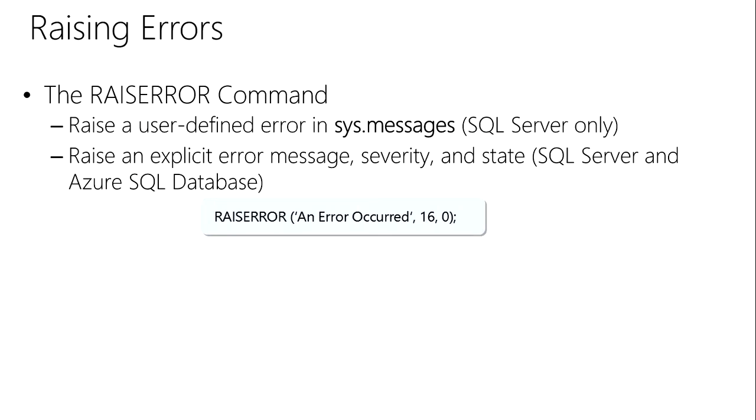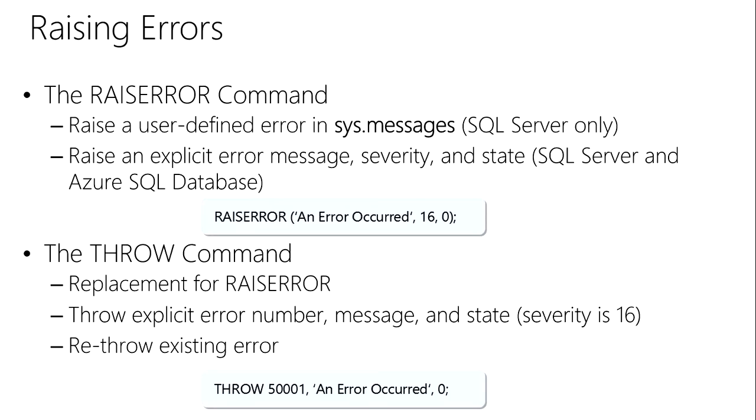Well, as I said, that syntax has been around for a while, and a few versions ago, some new syntax was introduced as a slightly better, more consistent with other applications way of handling errors, and that's the throw command. When you're programming in other environments than SQL Server, we typically talk about throwing errors rather than raising errors. So we have this idea of the throw command.